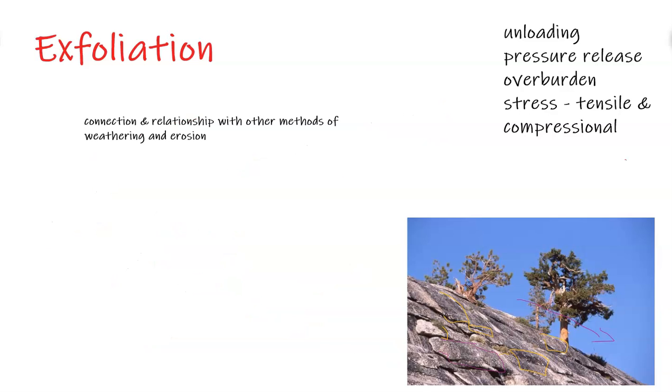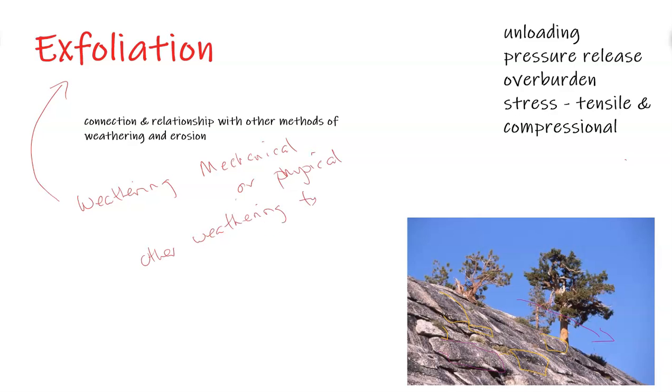Now, the cool thing is we can connect the weathering. Obviously exfoliation is a type of mechanical or physical weathering. However, other types are going to act concurrently, at the same time, on this exposed granite slab or rock.